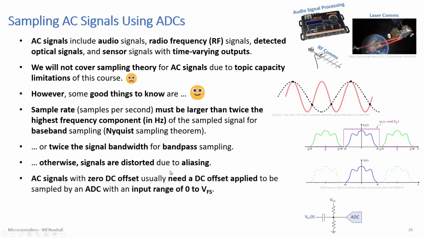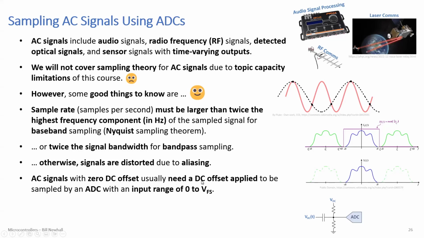One thing to pay attention to is that AC signals often have 0 DC offset. So if you're sampling with an ADC that has a 0 to 1 volt range, then you have to apply an offset so that you center that AC signal somewhere around the center of the ADC range. So AC signals with 0 offset usually need a DC offset applied, as shown here, to sample using an ADC with an input range of 0 to FS.